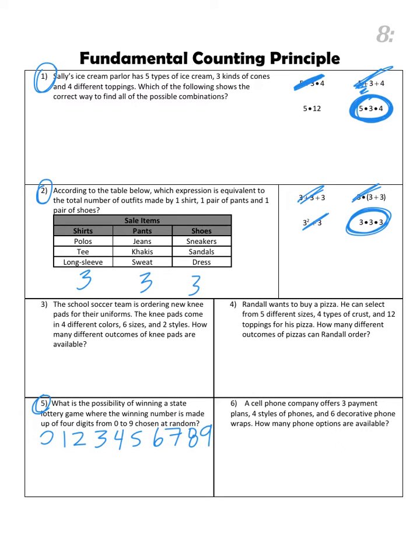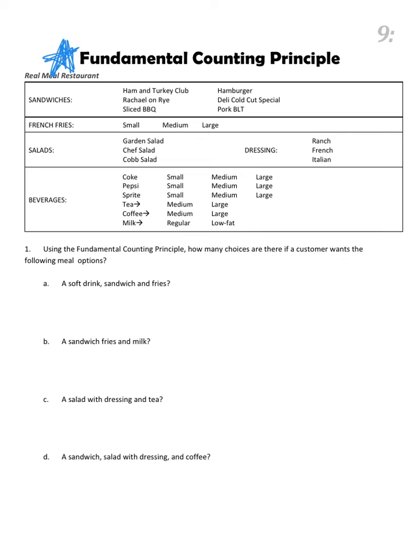Okay, so that gives me 10 different possibilities. 1, 2, 3, 4, 5, 6, 7, 8, 9, 10. So we're going to say 10 times 10 times 10 times 10. That gives you 10,000. Go ahead and try page 9 and then check that with me.